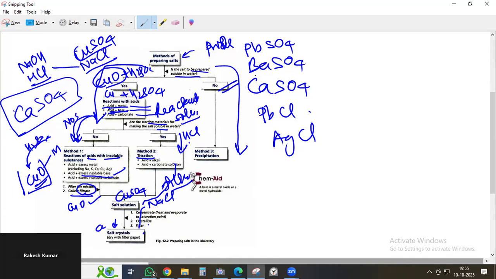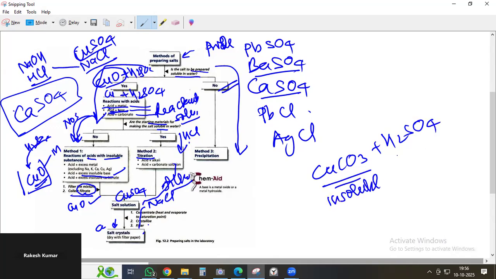About CaSO4 being insoluble, no, I will finish. Look, if I take CaCO3 plus H2SO4, what will happen? This is insoluble, and this is like CaSO4, also insoluble, and this is soluble.